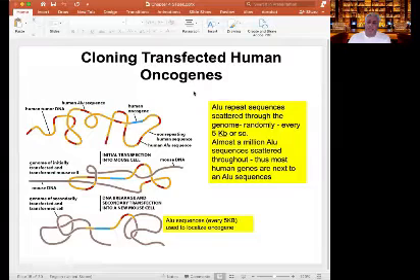In this particular case, the experimental procedure is to localize human oncogenes. What you do is you rely on Alu sequences. Alu sequences are repetitive DNA that are found in 1 million copies in the human genome.